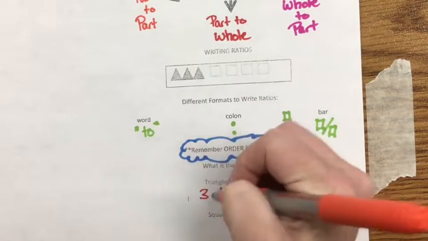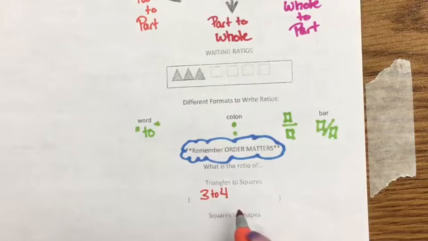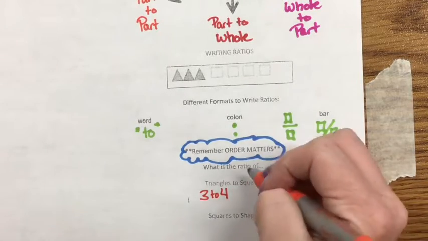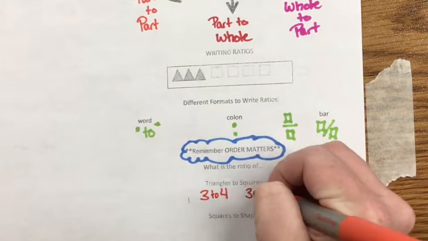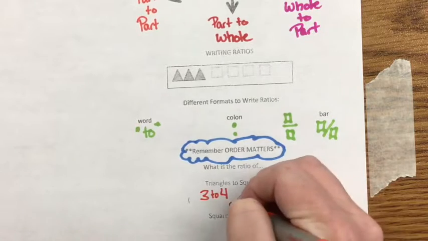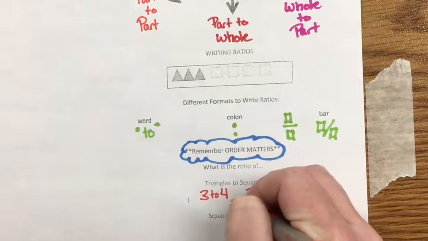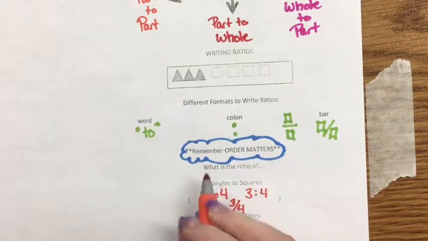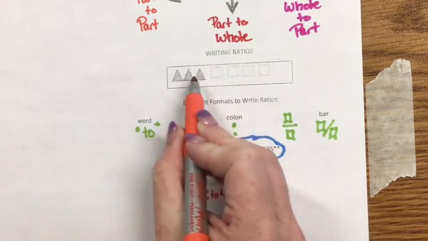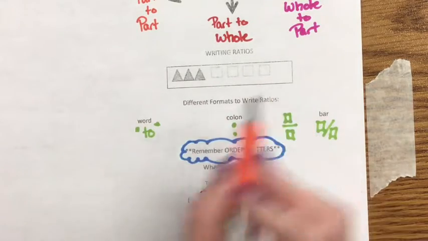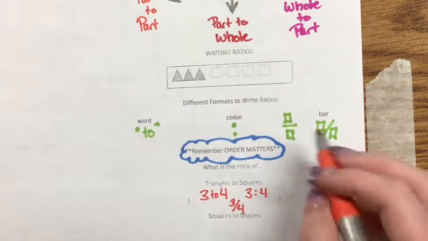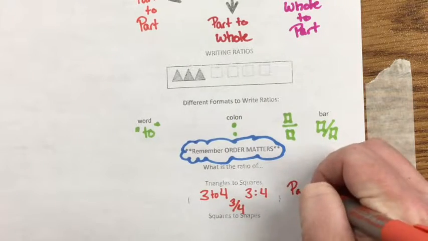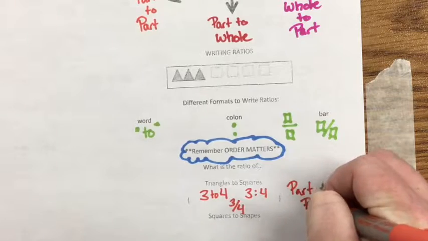So between those, we can write the words 3 to 4, or you can say 3:4, or you can do a fraction and do 3/4. All of those are parts. Triangles are a part of the shapes, and squares are a part of the shapes. So this is part to part.